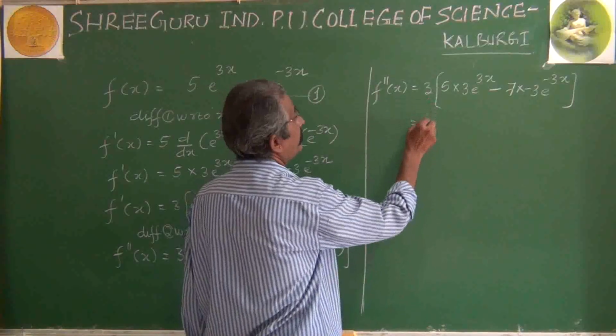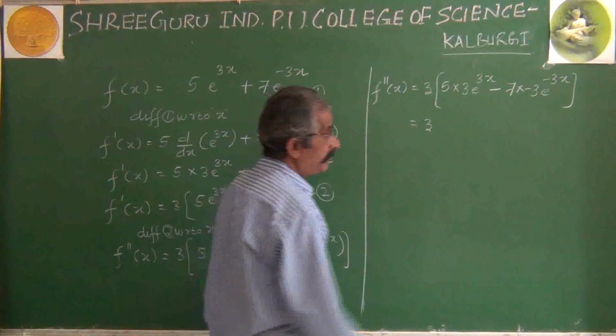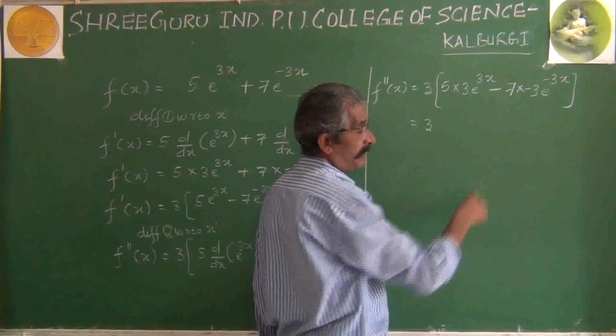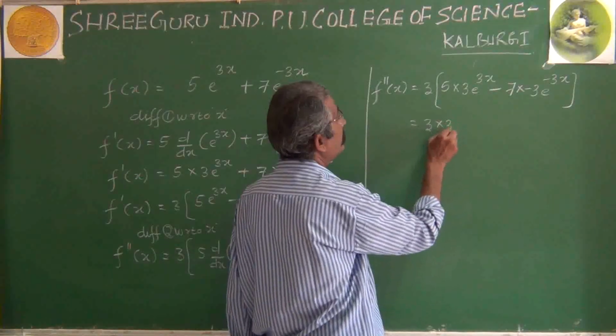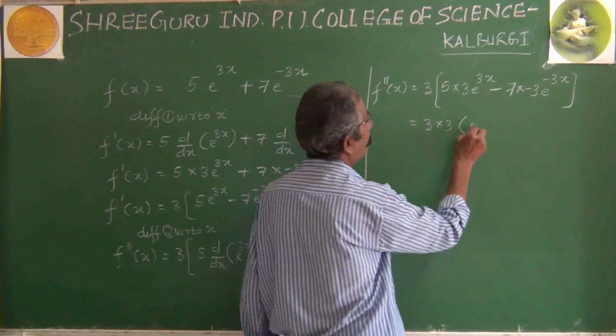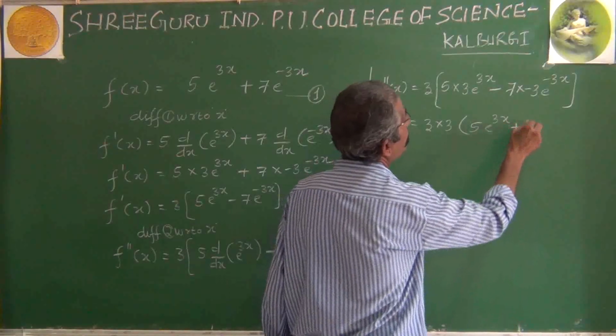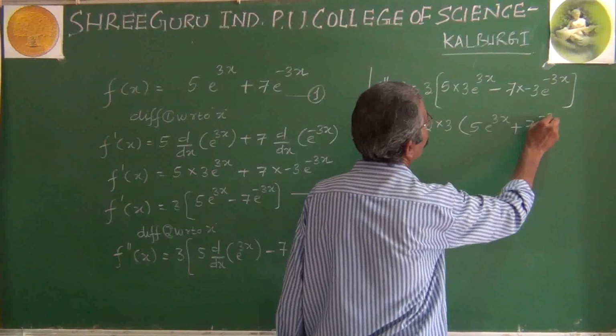That means 3 into, in the bracket we can take 3 common, and minus and minus will become plus. So overall 3 into 3 into bracket 5 e power 3x plus 7 e power minus 3x.